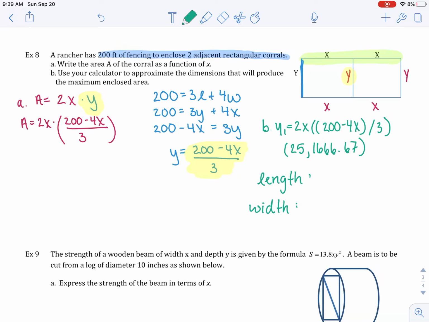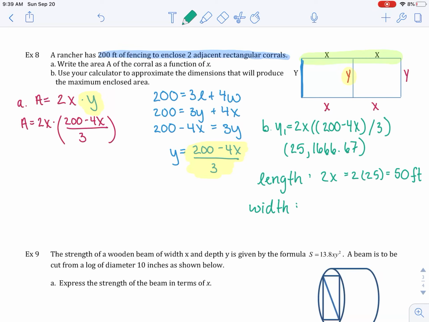Okay, my length is the green highlighted, which is the 2 x's. So I take my x value, plug it in, and I get that 50. Okay, and I'm going to put my units for word problems, so 50 feet. My width is the equation that we manipulated for y, right?